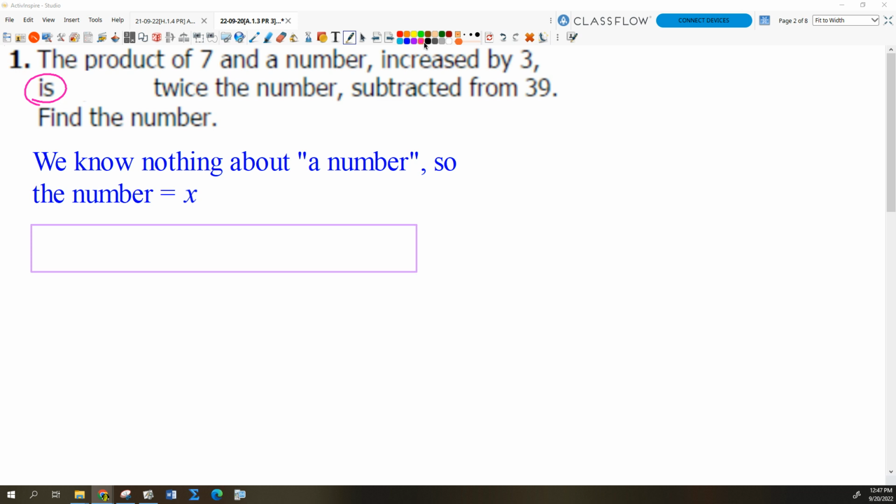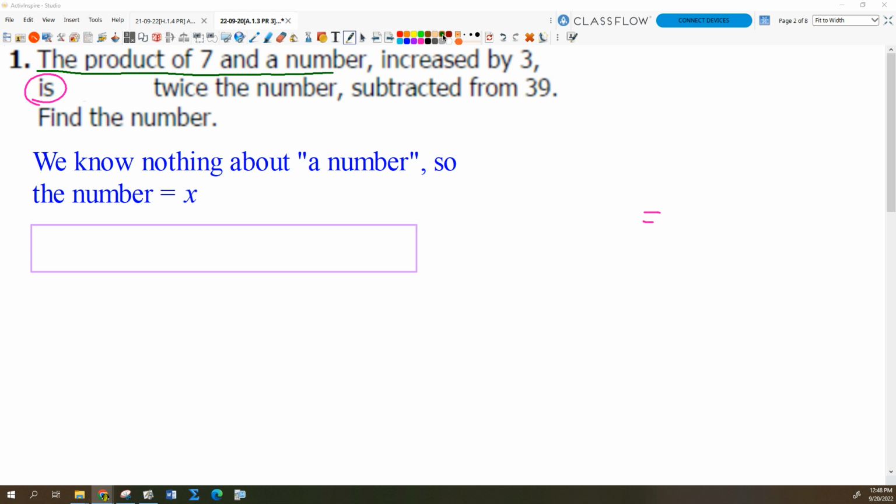Equals. Is or was, those state of being verbs are almost always going to be equals. So we've got this equal sign. Now we have to figure out what's on the left side and the right side of that equal sign.